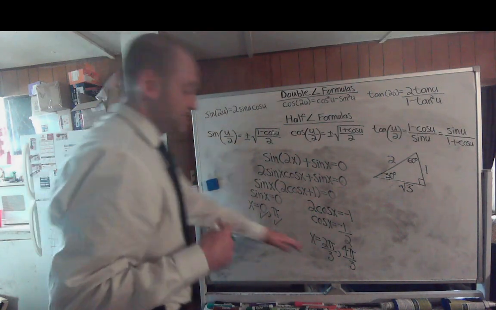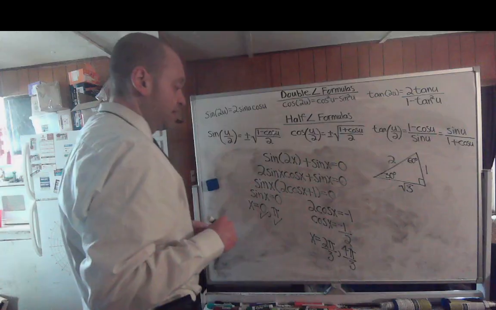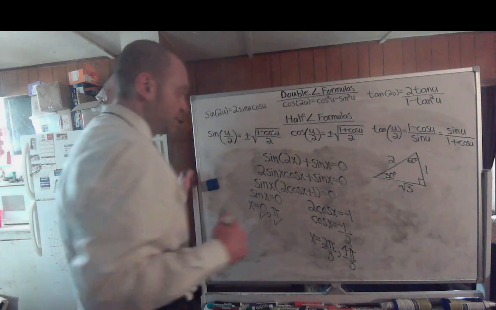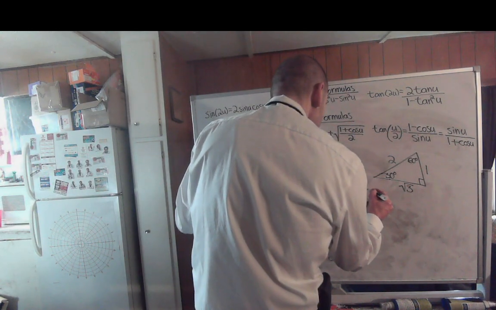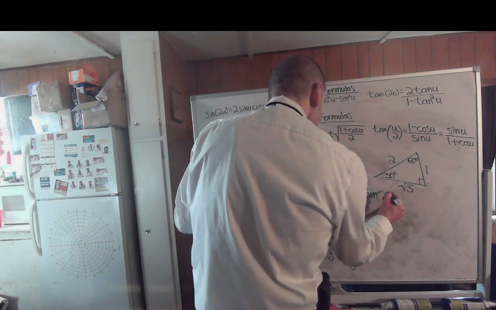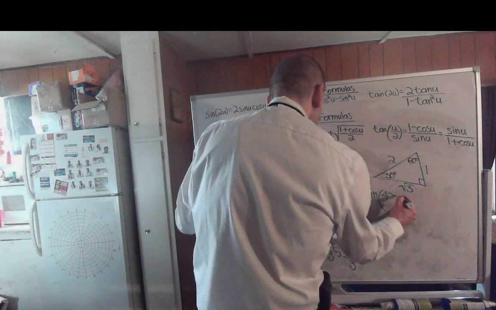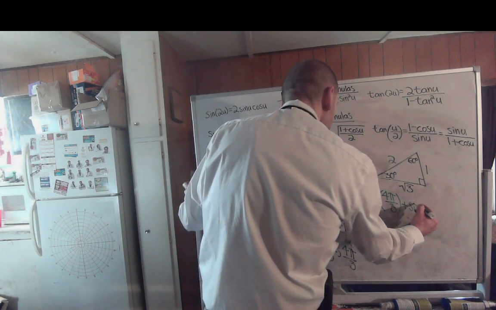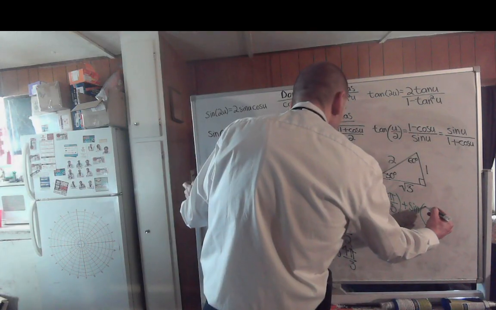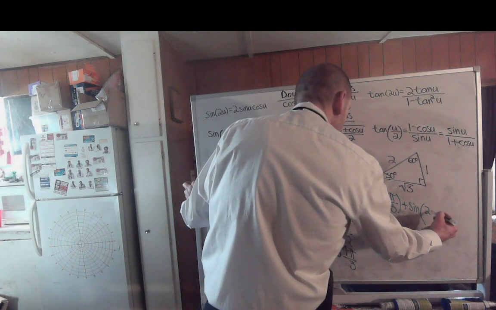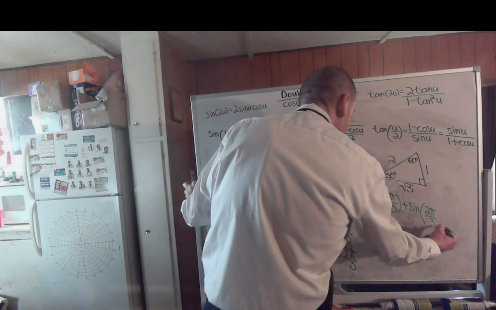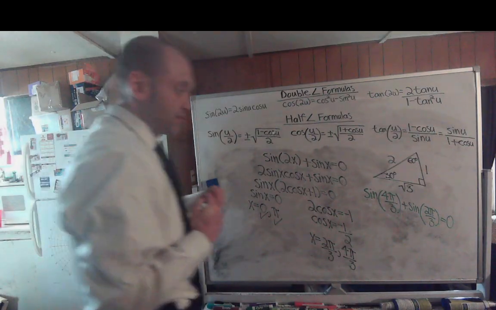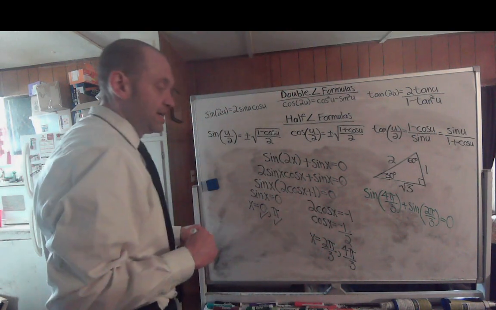We need to put these into the original equation. If you put 2 pi over 3 in for x, sine of 2x would be the sine of 4 pi over 3 plus the sine of 2 pi over 3 equal to 0. Well, 4 pi over 3 is in the third quadrant. We know that's negative.